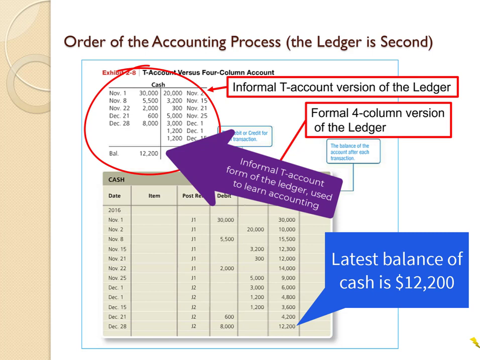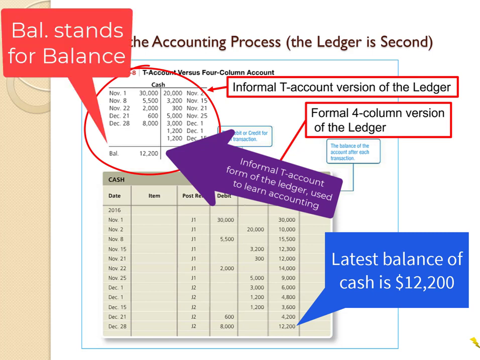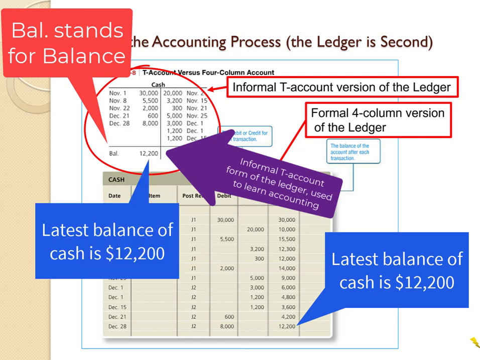Looking at the T account version of the cash account, can you determine its most current balance? BAL stands for balance. So the balance is $12,200, same as with a 4-column ledger. So we're going to be using the T account version of the ledger way more than the 4-column ledger, but don't forget about the 4-column version.